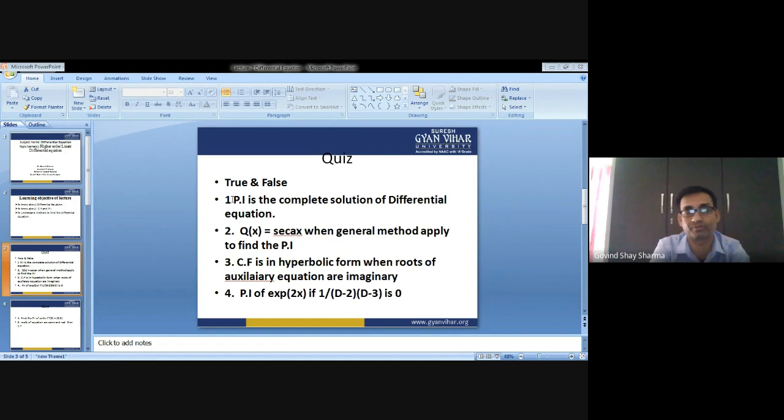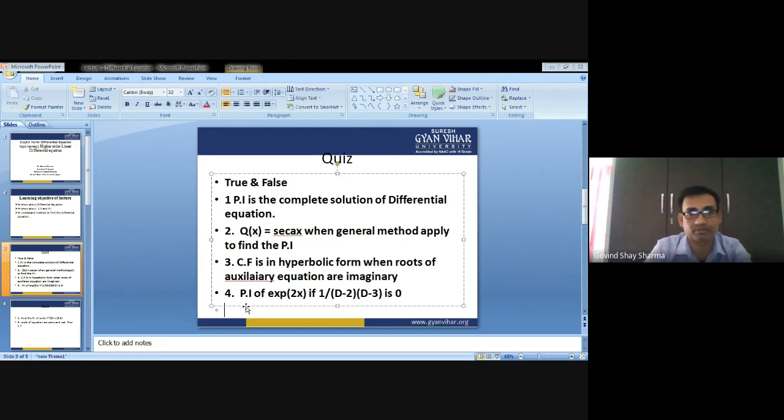We would like to find PI. Last time we found the general method. What is the general method? The general method means we can write the equation as 1 upon D minus alpha times Q, and this converts into a linear differential equation of first order. The solution of first order: we find the IF, the integrating factor.